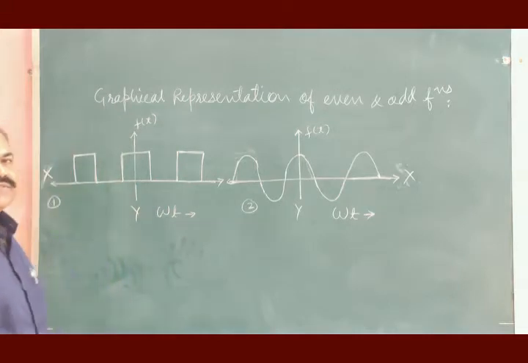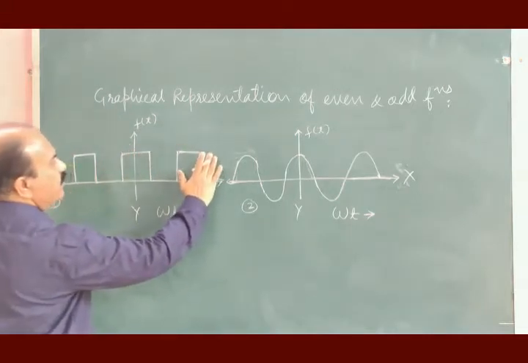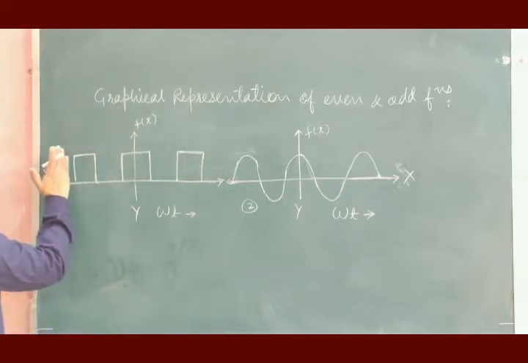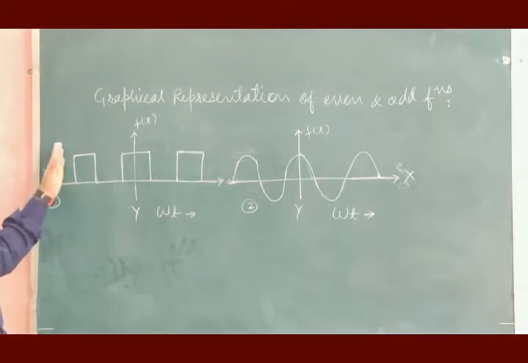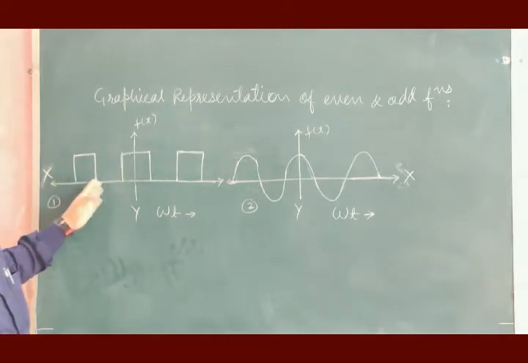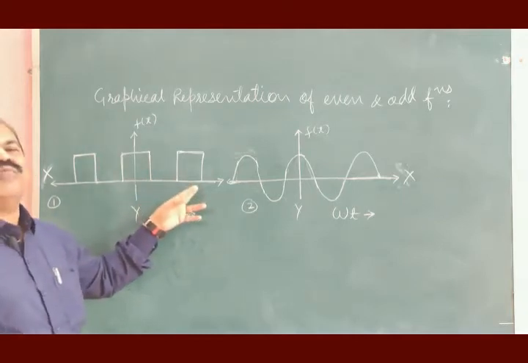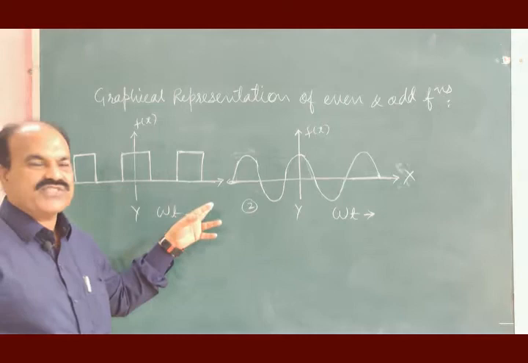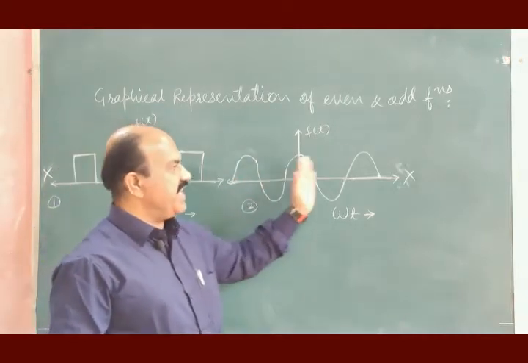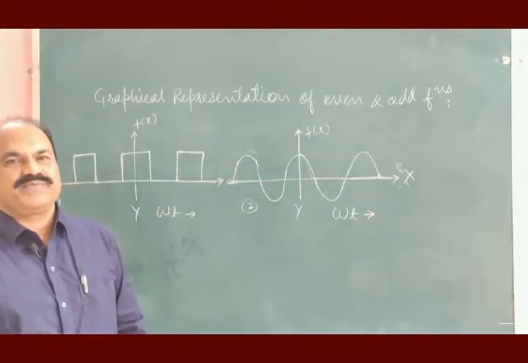What we find, waveform to this side of the y-axis is identical to waveform to this side. Waveform on left of y-axis is identical with waveform on right of y-axis.